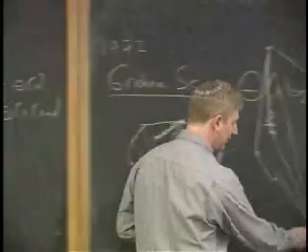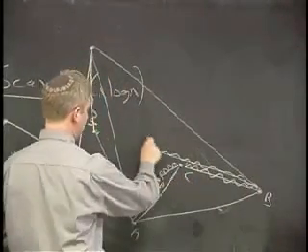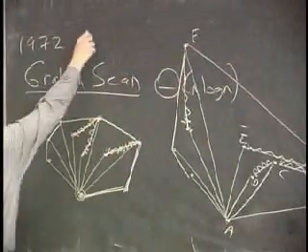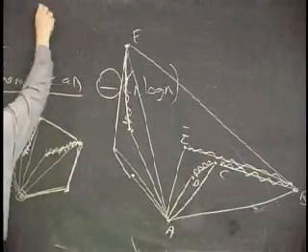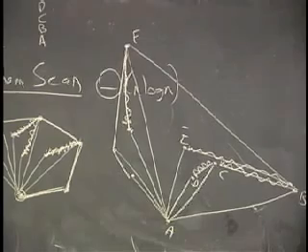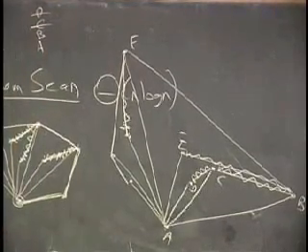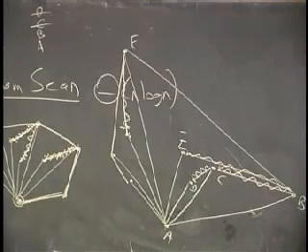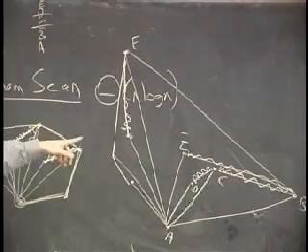So if I label these nodes as A, B, C, D, E, F, let's make a list of what's on the convex hull. It starts out A, and then B, and then C and D, and then what happens? D goes off, and C goes off. B stays on, and then you can count the 5th one, namely E. Before you get to F, though, you have to take E off.